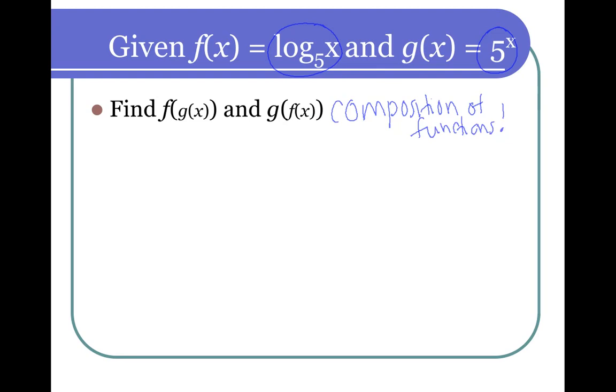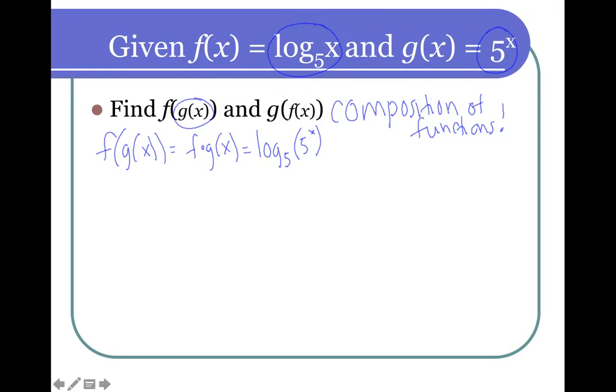Right, so if I do f of g of x, I'm going to plug g of x into f of x, right? So if I do f of g of x, I would get log base 5 of, and instead of x, I'm going to write 5 to the power of x.